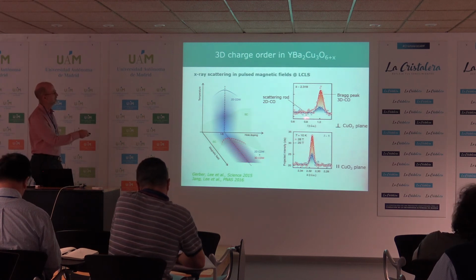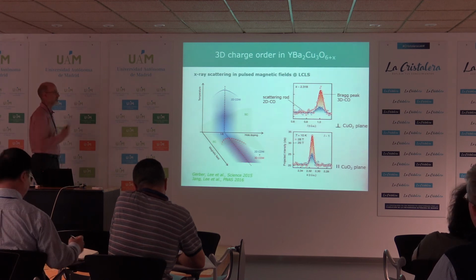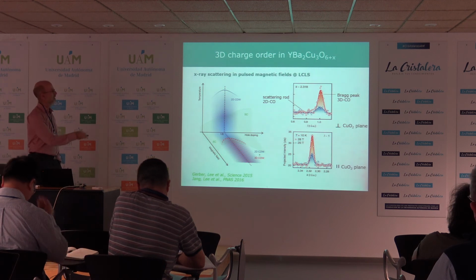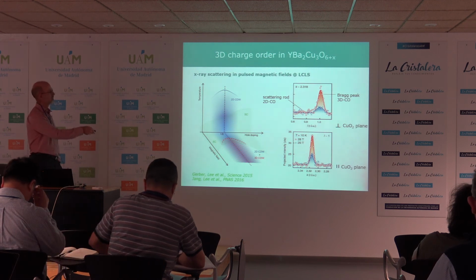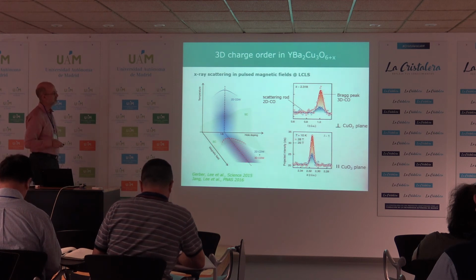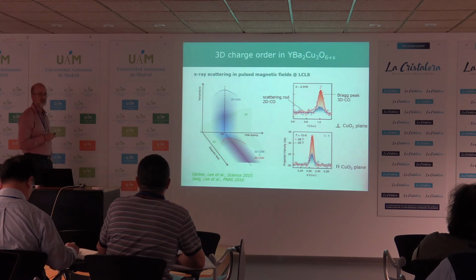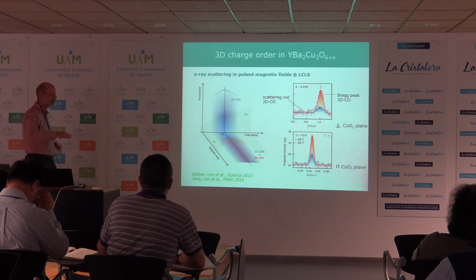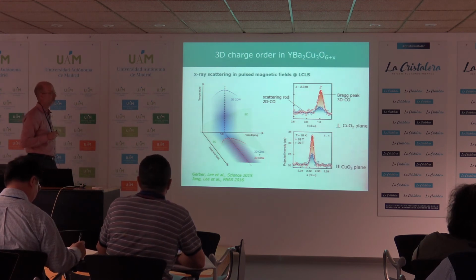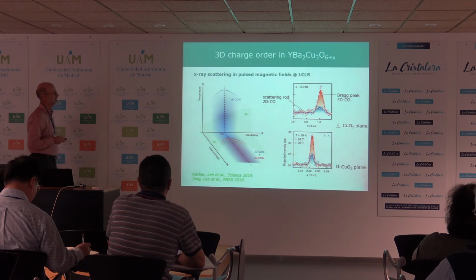And what they found is, on top of this, I should explain, this is the momentum transfer perpendicular to the copper-oxide layers. And for two-dimensional charge order, you wouldn't see any dependence of the intensity on this direction perpendicular to the layer, right? Okay, so that's a scattering rod corresponding to two-dimensional order.